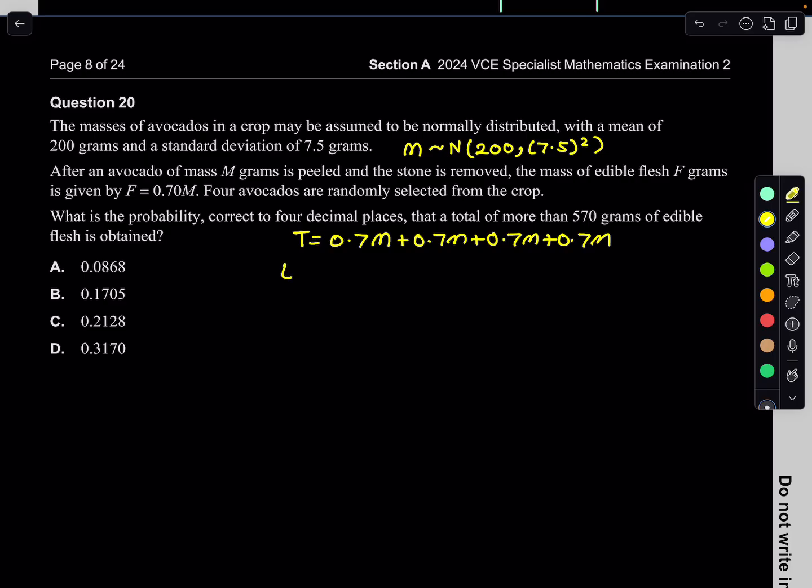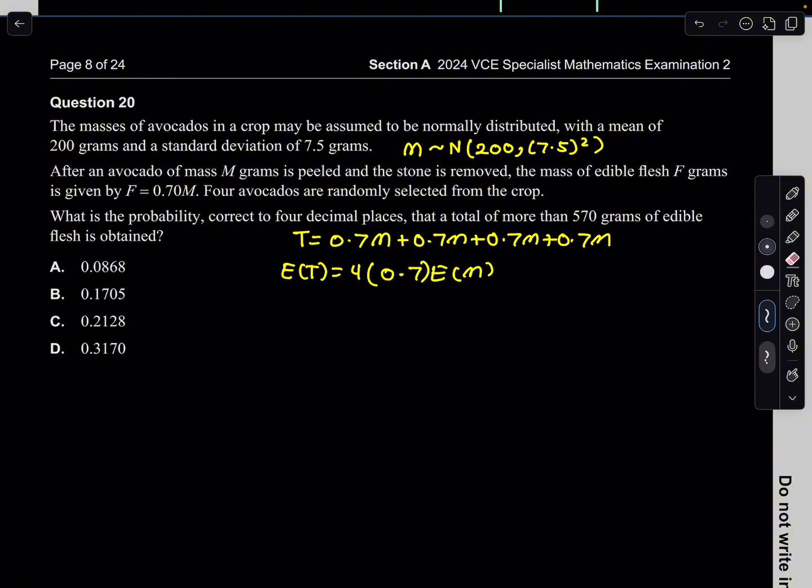The expected value of T is the expected value of 0.7 M and all the other ones. The 0.7 just comes out, and imagine doing that for all of them. You'll have 4 of that 0.7. Okay, beautiful. So that's what your expected value is.